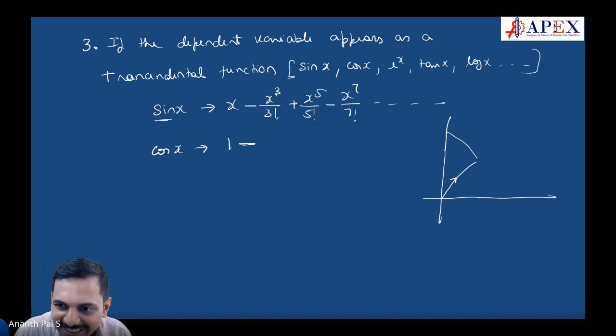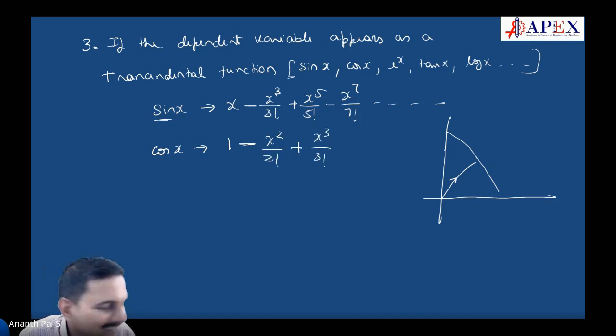So when it is evened out, what happens? It goes down. Then 1 minus x square by 2 factorial plus x power 4 by 4 factorial. Very good, so it's all even.